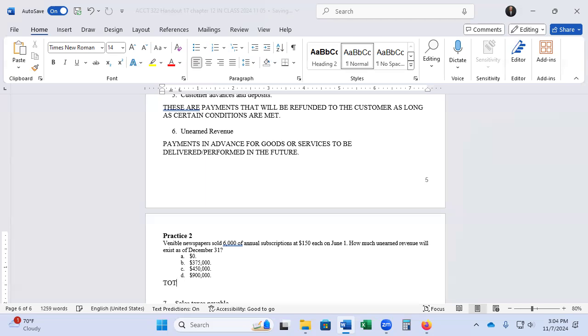Okay, so total revenue equals 6,000 times $150, and that's 900,000. There are 7 months in the first year, so 5 months remain at December 31st.